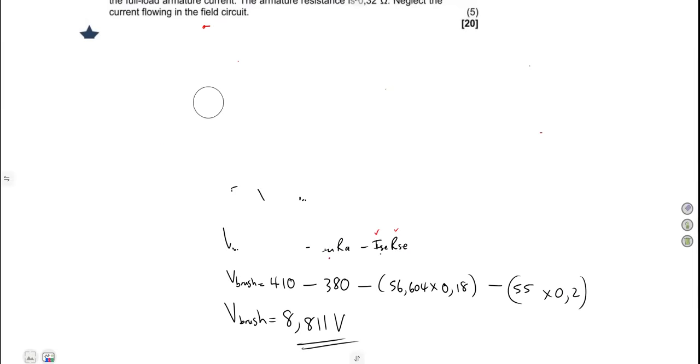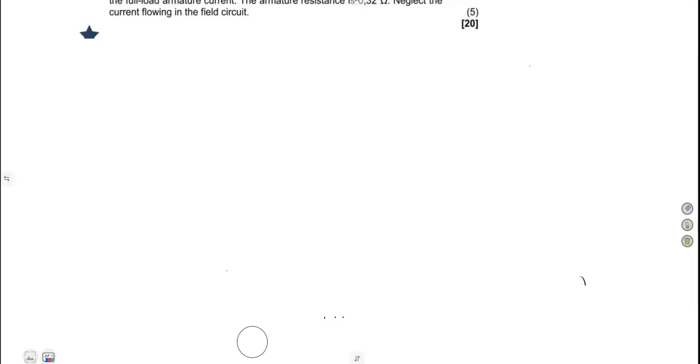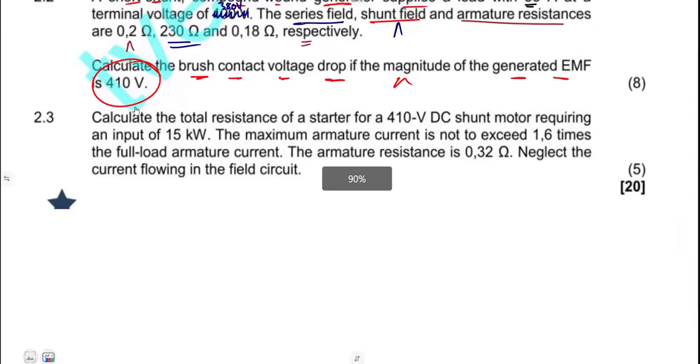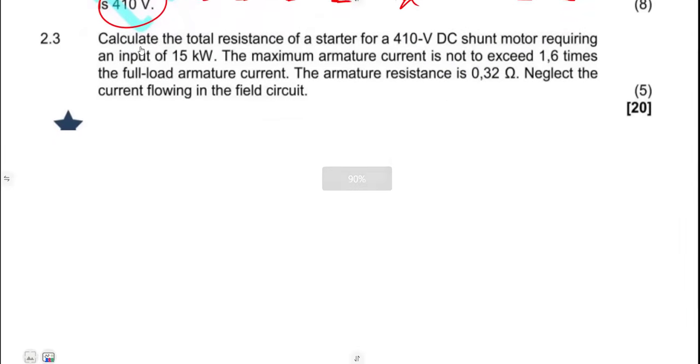Again, 5 marks. What is it exactly that we are having for the 5 marks? Let's see. All right, so there we are given 2.3. Calculate the total resistance of the starter. So we are dealing with the resistance of the starter in this case.